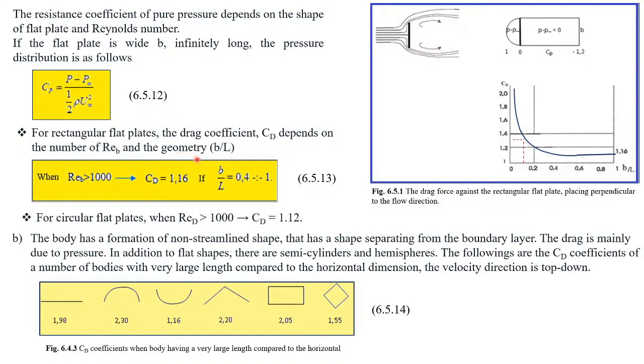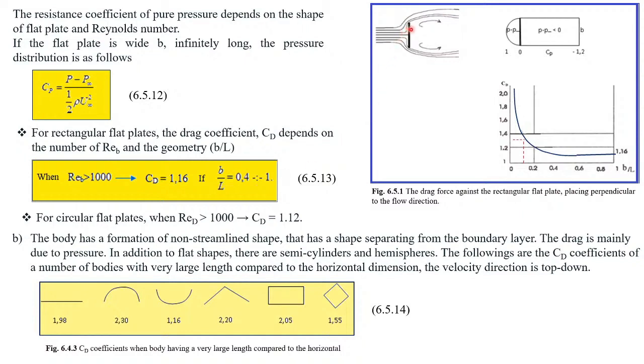And the geometry, that means the ratio between B and L, the height and the length L. So if Reynolds B is greater than 1000, and if B over L, here you can see this curve, the value of CD depends on the ratio between B and L. If B over L is between 0.2 to 1, the drag coefficient CD equals 1.16.